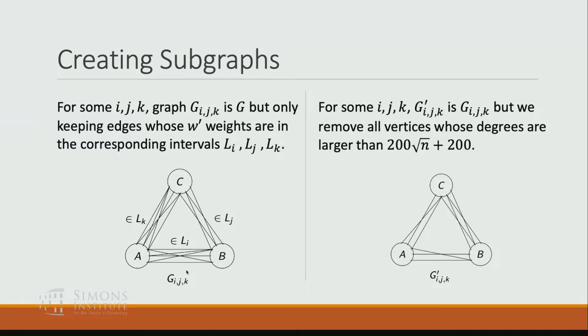And finally, once we have this G prime ijk, we run the triangle listing algorithm to list all triangles, and for each listed triangle, we check in the original graph whether it has zero weight, because G ijk and G prime ijk do not have weights anymore. Any questions?